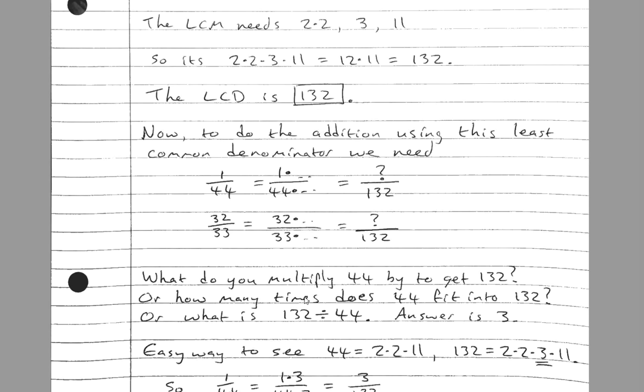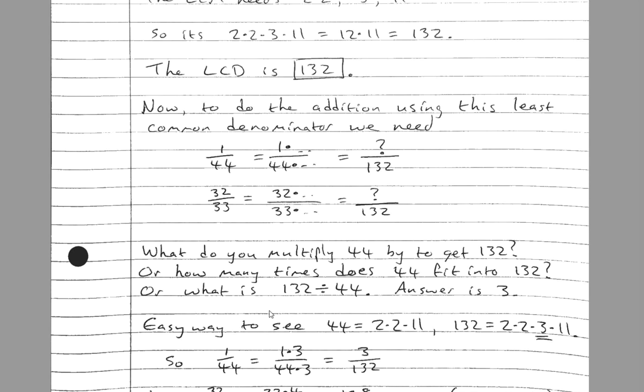In other words, how many times does 44 fit into 132? In other words, what's 132 divided by 44? Well, 44 goes into 132 3 times. So this is the 3 we need. We need a 3 here. You could find this 3 by division.